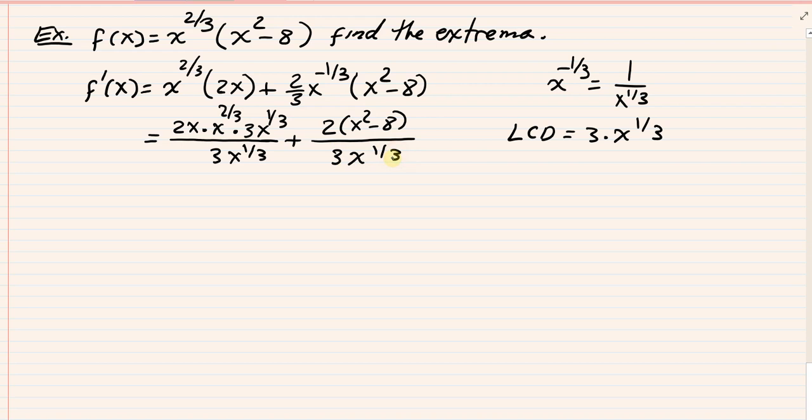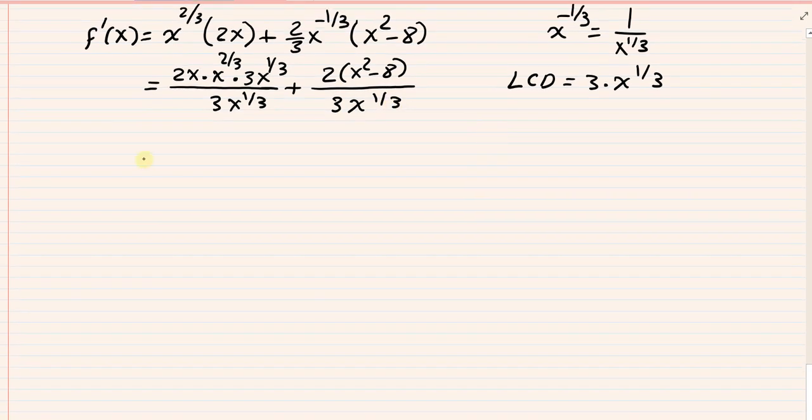You see, now they have the same denominators, which is good. Now I can combine them over 3x to the 1/3. Now 2 times 3 in the numerator of the first fraction, 2 times 3 is 6. x to the 2/3, x to the 1/3 multiplies to just x, and then x in front of 2 makes it x squared.